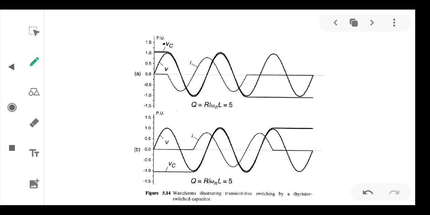Now the current is flowing 90 degrees leading with the voltage. Similarly, in figure B, TSC is on at negative maximum. In that case also, the current is leading with the voltage as shown in the figure.